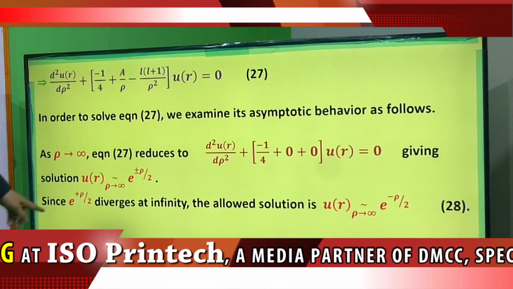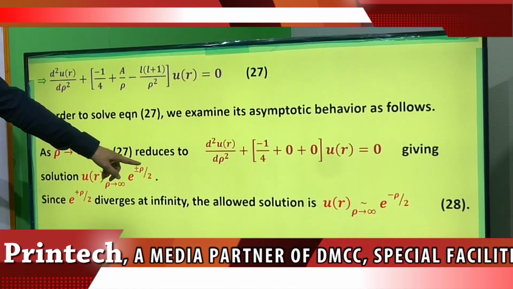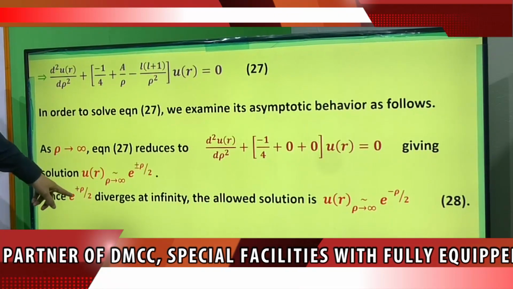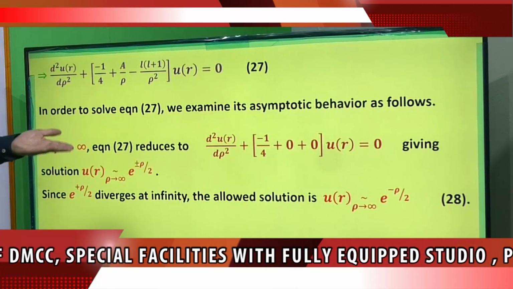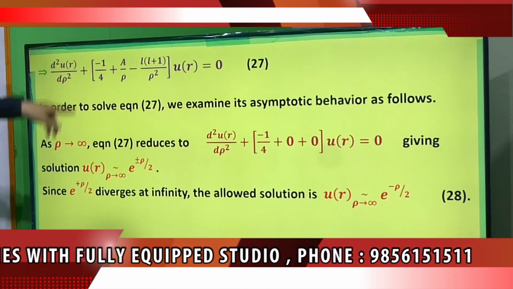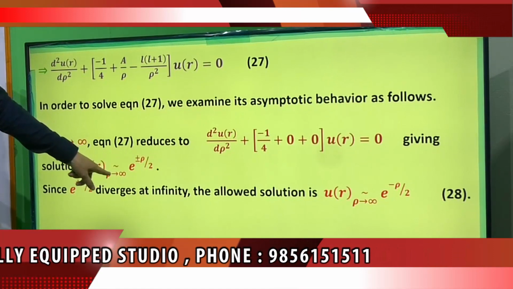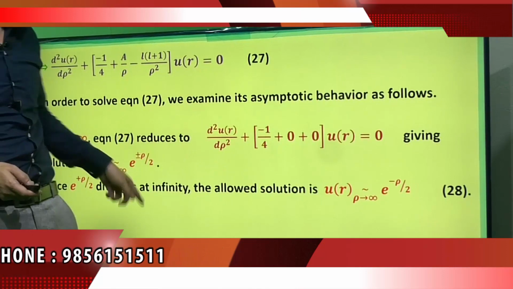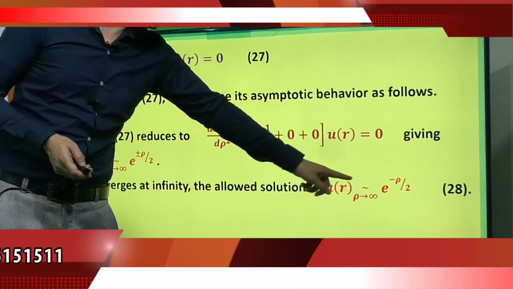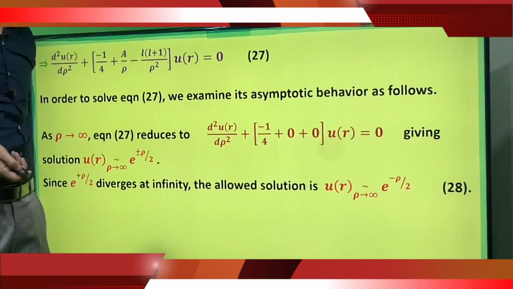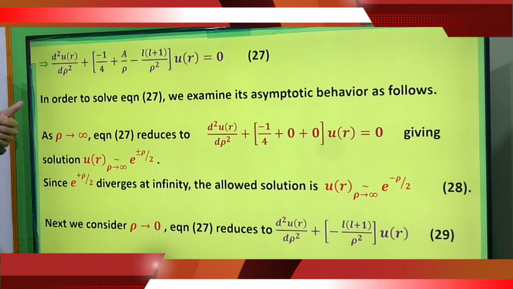So if you take plus rho by 2, here you put infinity, e to the power plus infinity, then it will be infinity. Then the solution diverges, so it is not allowed. So we have to neglect that part and take only minus rho by 2. So e to the power minus rho by 2 is the solution that we get in the limit rho tends to infinity. That is called equation 28.